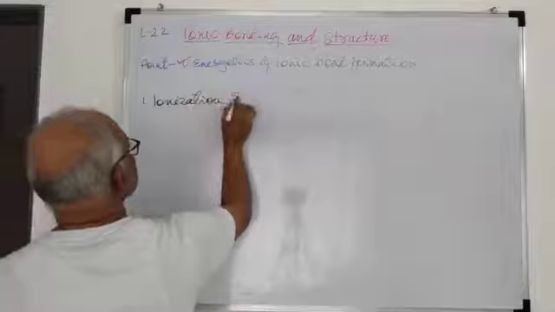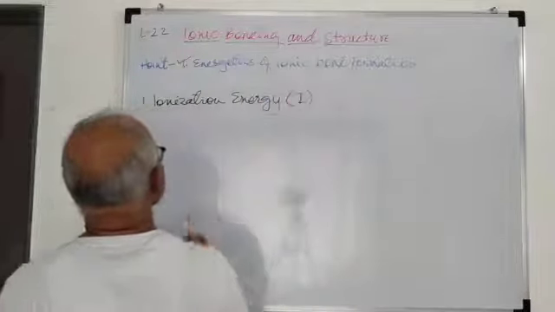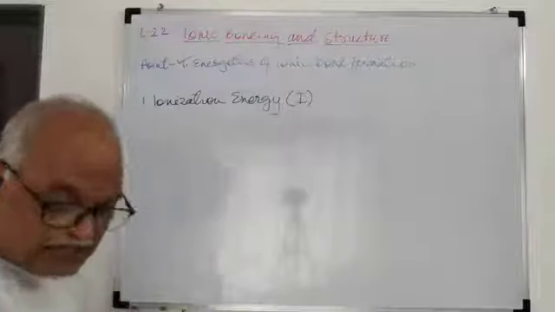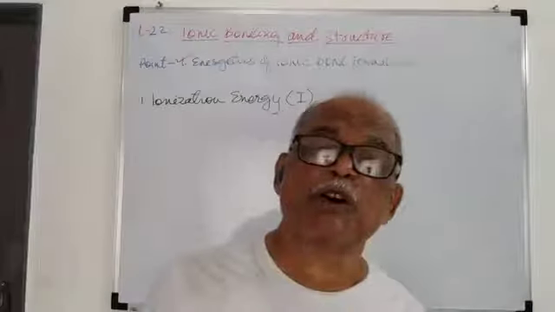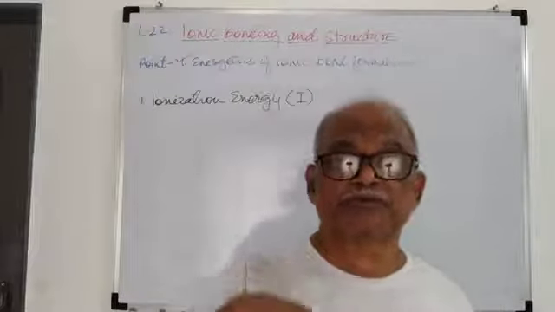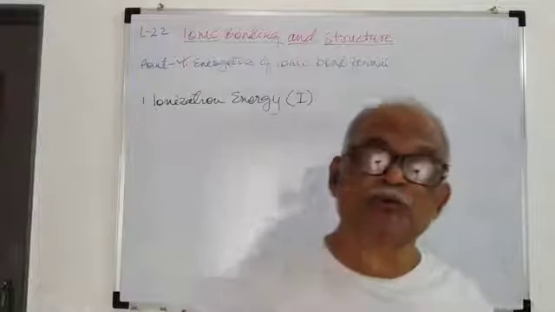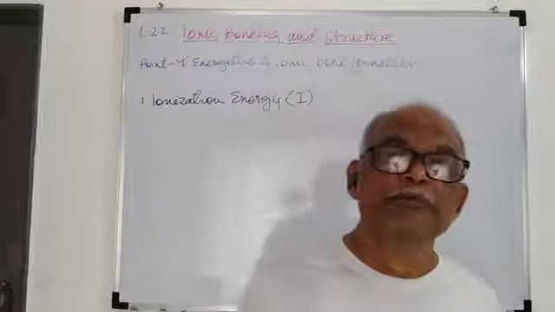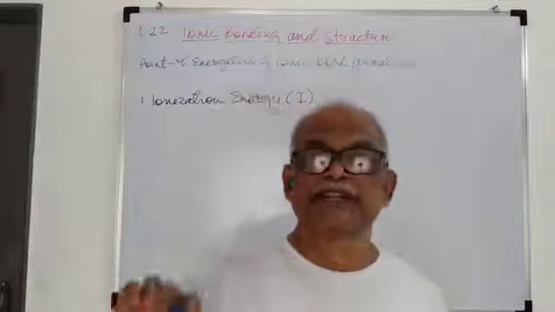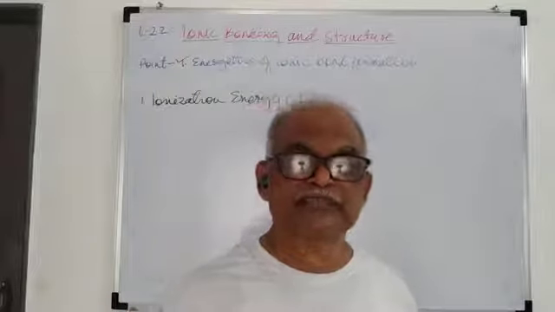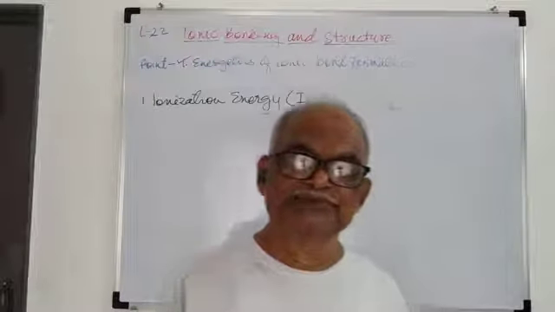Ionization energy, that is represented as I. So this ionization energy is defined as the amount of energy absorbed by the substance in order to remove the outermost electron from the atoms of this substance, and it is converted into the corresponding cation, maybe monopositive cation.